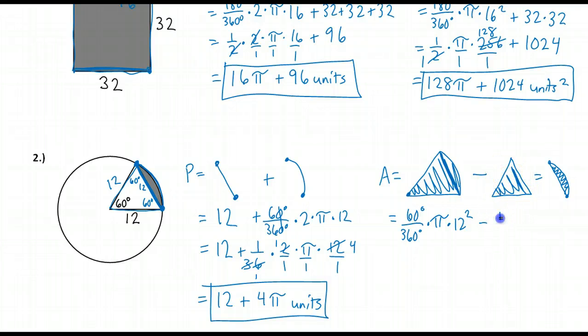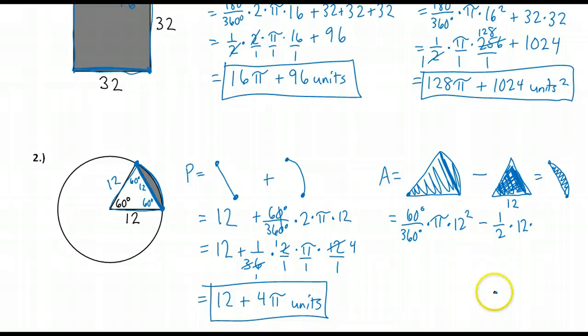The area of a triangle is 1/2 times base times height. Well, I know the base of my triangle is going to be 12. What I need to figure out is how big my height is.